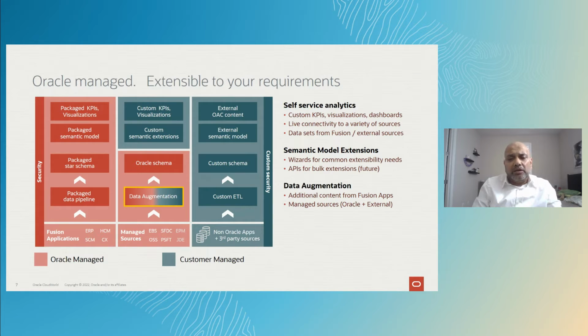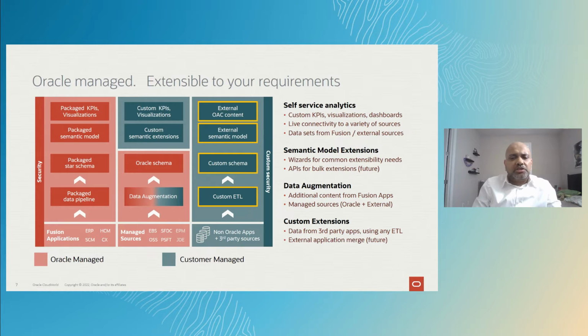Data augmentation allows you to bring in additional data, which is not already part of your Fusion out-of-the-box content. You can bring in additional data from Fusion as well as from other sources. Custom extensions absolutely is possible using your own ETL tools or Oracle ETL tools which come with OAC.